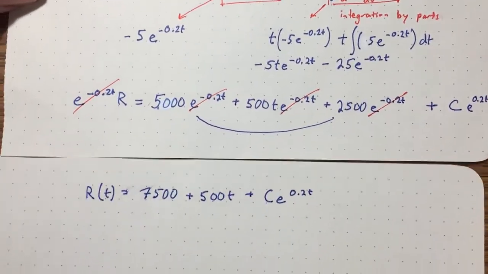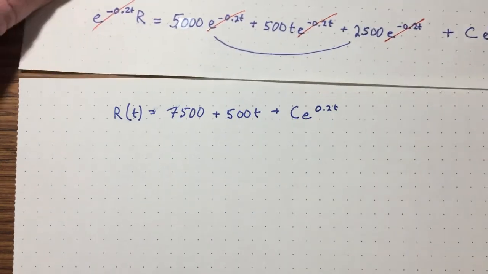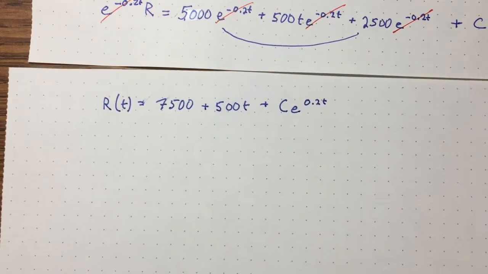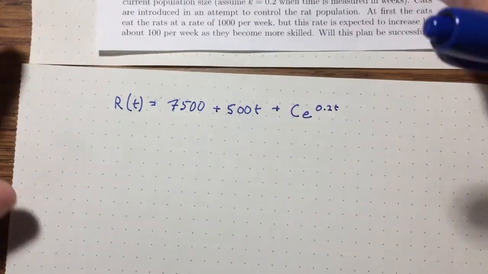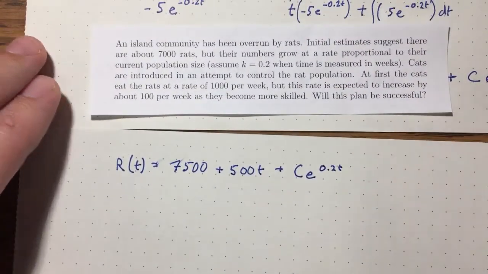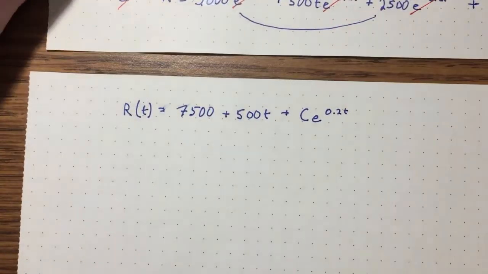So that was a tedious calculation. I hope you're still with me, because it's about to get pretty interesting, I think. This function has really interesting behavior. So let's go back here. Our initial population was 7,000 rats.